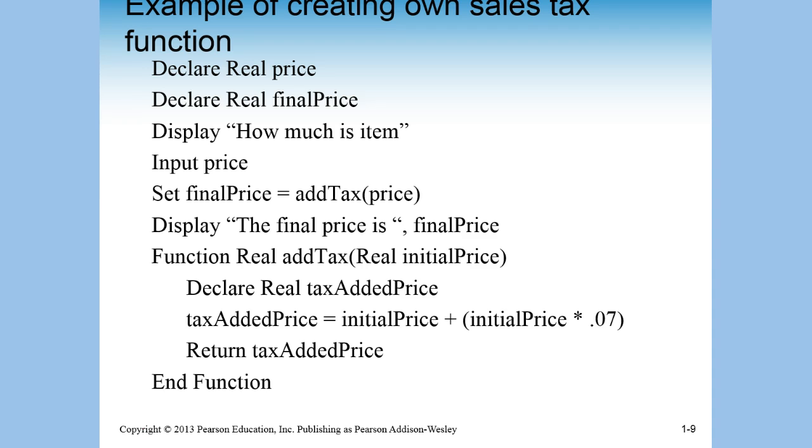And the last line will be to display "the final price is", and then finally whatever value is stored in the final price variable. So this is just a simple walkthrough of how you can use a function to calculate a result and then pass that result back to the body of the program.